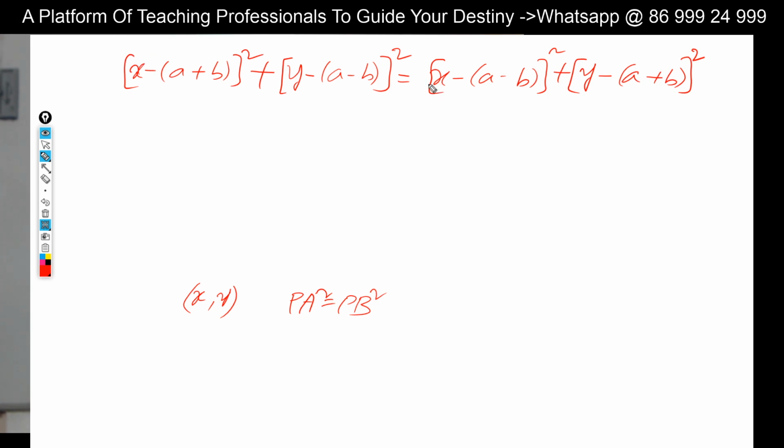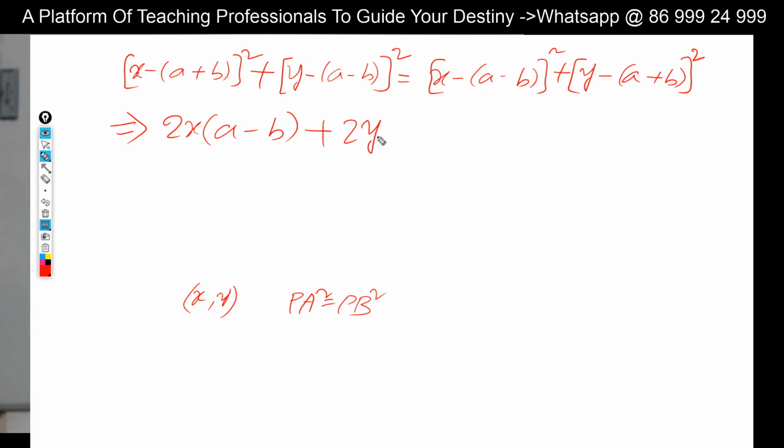This is to be simplified now. X square, y square on both sides get cancelled. And here you will get a plus b whole square, and here also a plus b whole square getting cancelled. Here a minus b whole square, a minus b whole square getting cancelled. Only these two terms will be remaining. After cancellation, minus also I am cancelling on both sides.